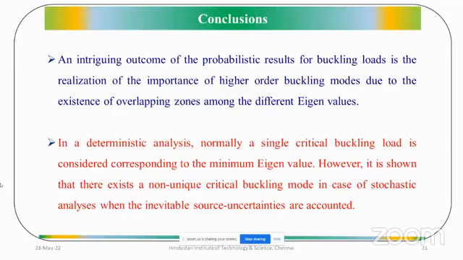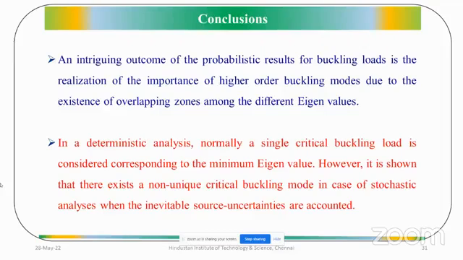We have seen that the higher order buckling mode is quite important. Why? Because an intriguing outcome of the prognostic result for buckling load is the realization of the importance of higher order buckling modes due to the existence of overlapping zones among the different eigenvalues.